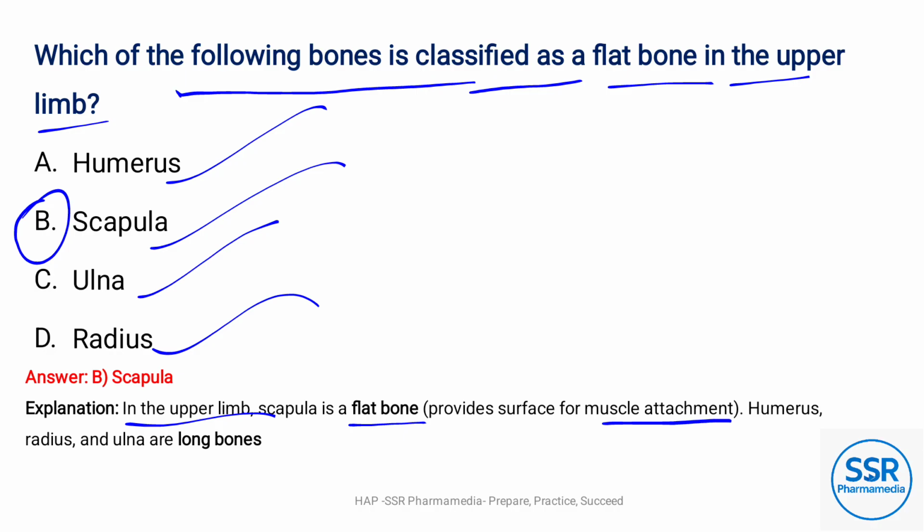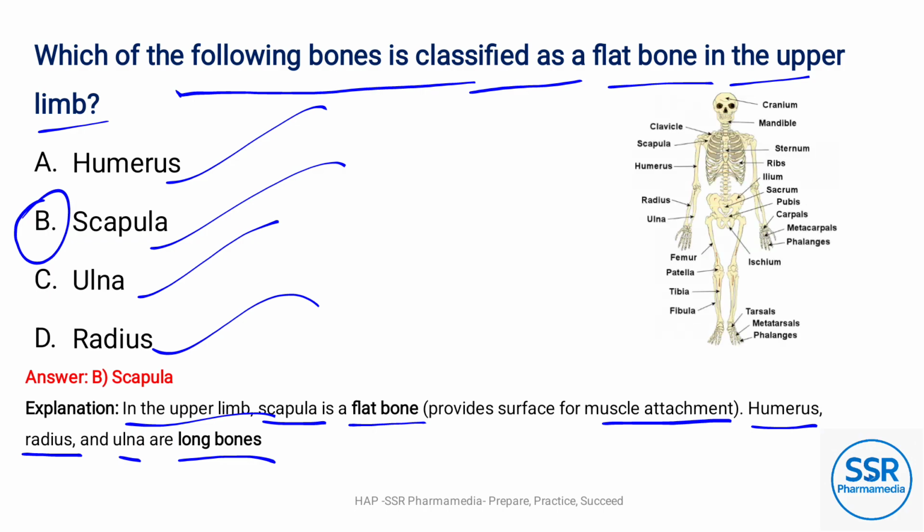Humerus, radius and ulna are long bones. So flat means scapula, and long means these three: humerus, radius, ulna.